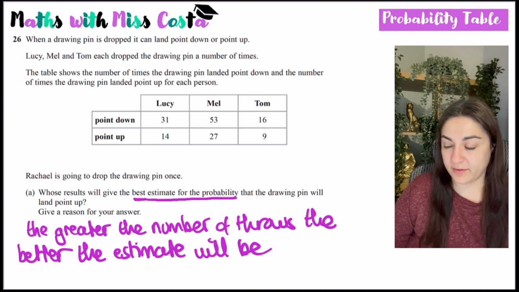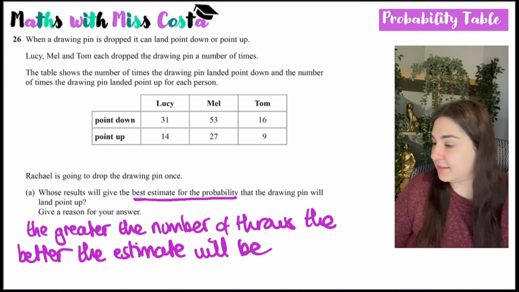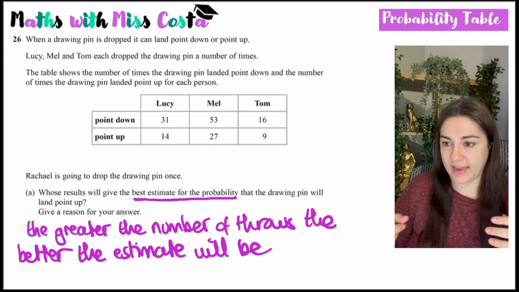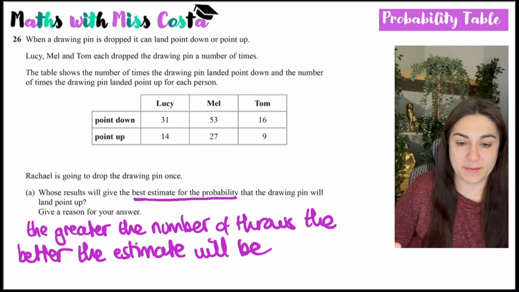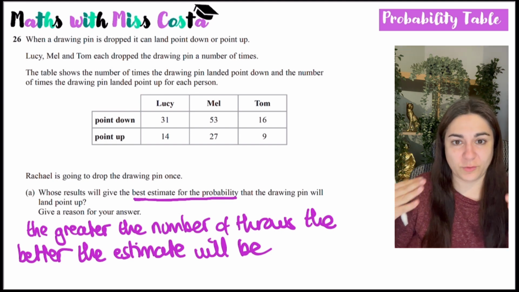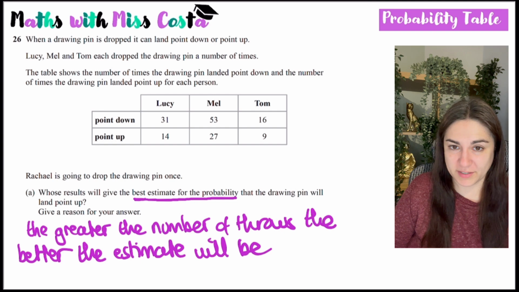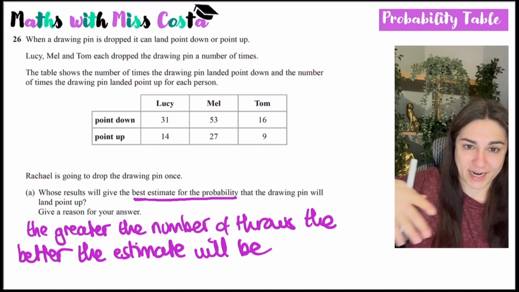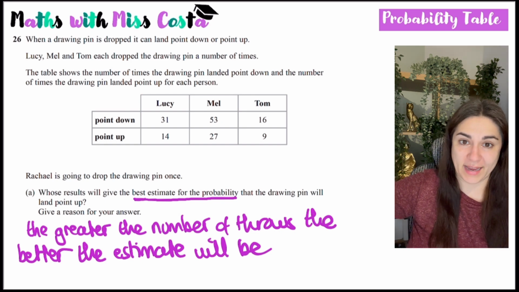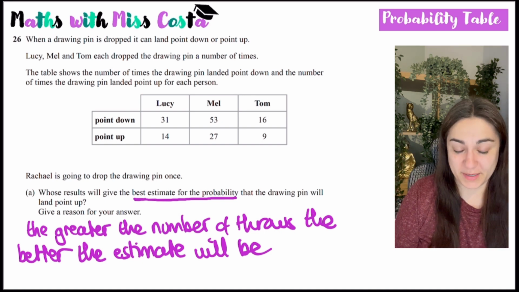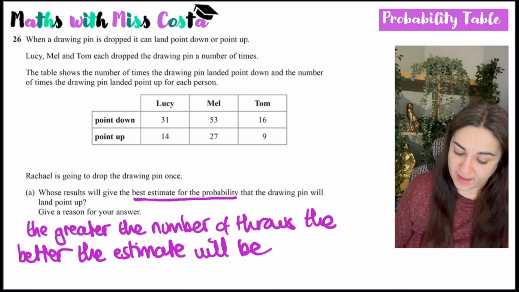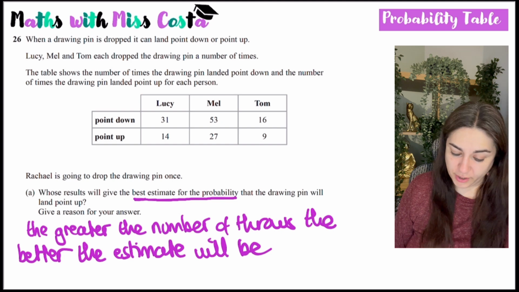Like if you opened up a pack of Smarties or some kind of sweet, and you counted how many blue Smarties there were in it, but that was just one pack and it happened to have a lot of blue Smarties, you'd think there's a really high probability of getting blue Smarties. But if you opened up 200 packs, it would average out. So the more times that you try something out, the better the estimate for the probability. That's a really handy fact to know. So therefore, the greater the number of throws, the better the estimate will be.